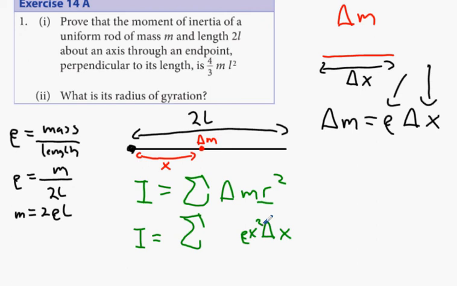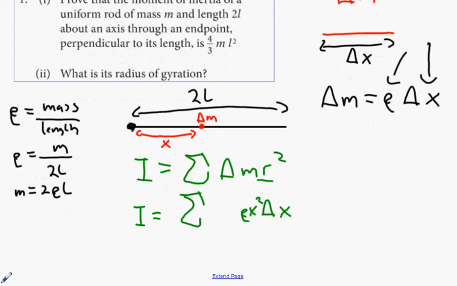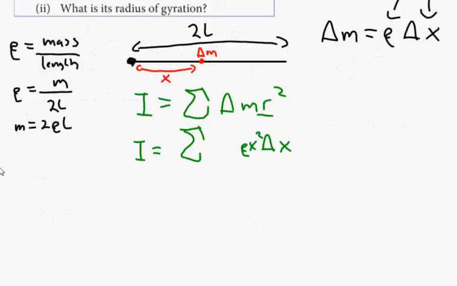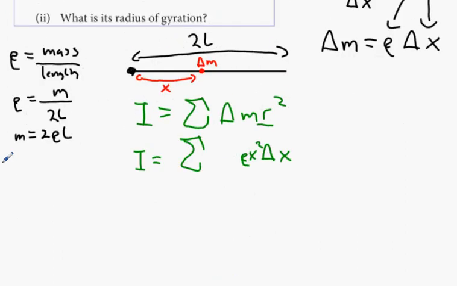Integration wise, can anybody make a prediction on what you think the limits might be? Now remember, the limits are taken from the axis of rotation. What's the lower and what's the upper? Perfect. 2L is the upper, and the lower? 0. Really good. And then we change this here into dx.